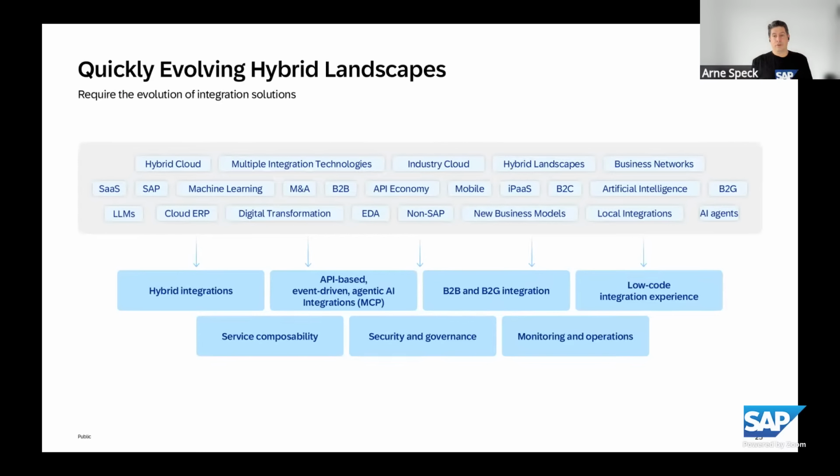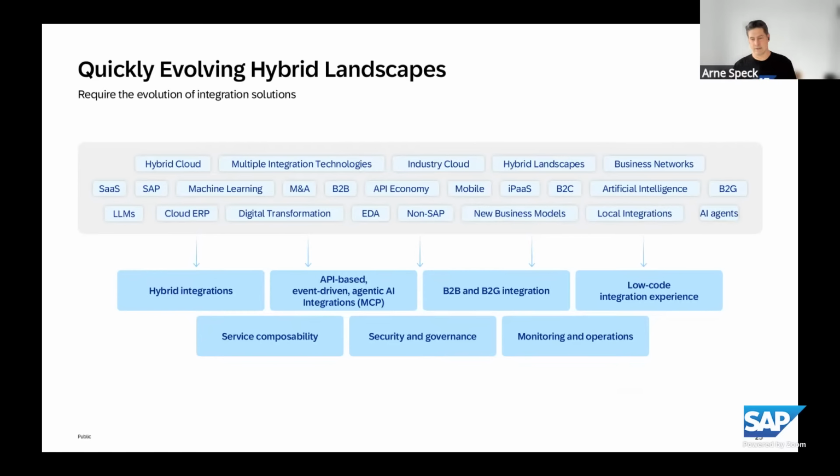So yes, you could argue integration has been there for a long time, should be more or less now something that is commodity. To a certain extent, this might be true. Nevertheless, also here we are seeing a lot of new requirements, also new technologies that are important. And we also have to see that we have to operate in hybrid landscapes now. So in former times, we had our on-premise systems, we had our middleware somewhere, and then we integrated.